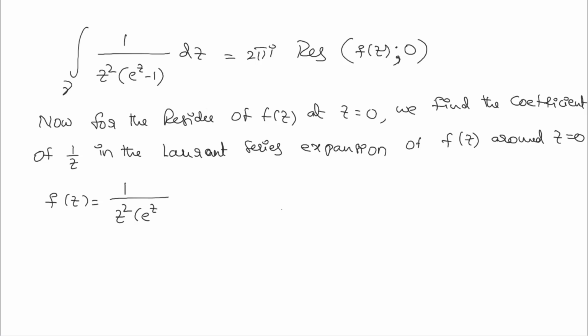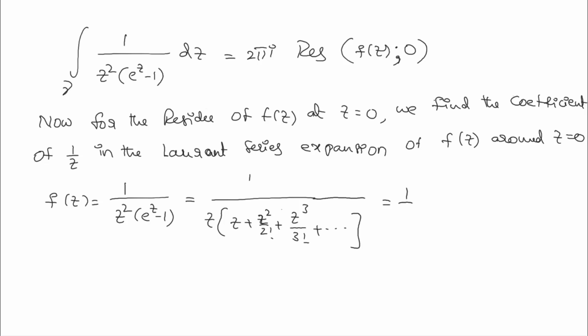as 1 divided by z times, this is as z plus z square divided by 2 factorial plus z cube divided by 3 factorial plus and so on.